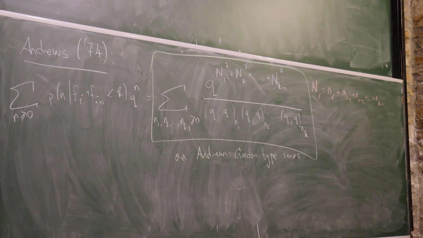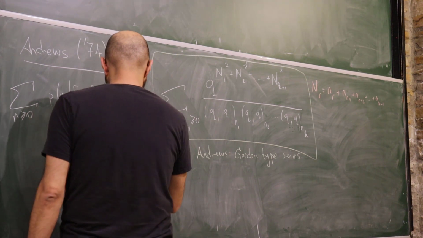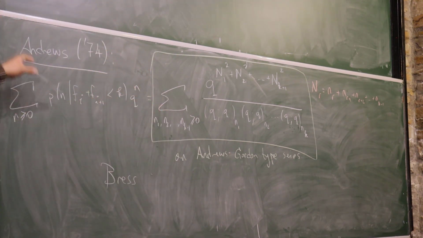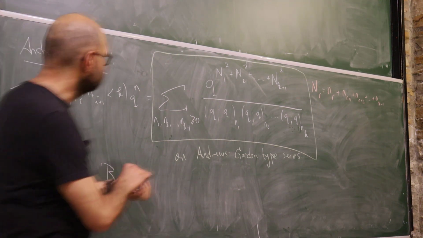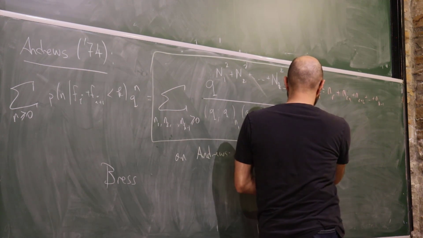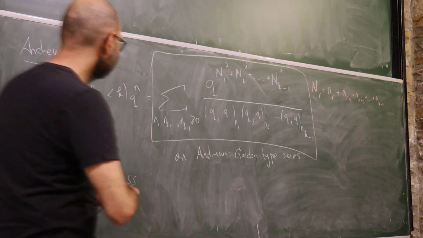It was Bressoux who first combinatorially constructed this series, and he did it in 1981. Because Andrews showed that this series, together with some x's, x1 through xk minus 1. Sorry about that.